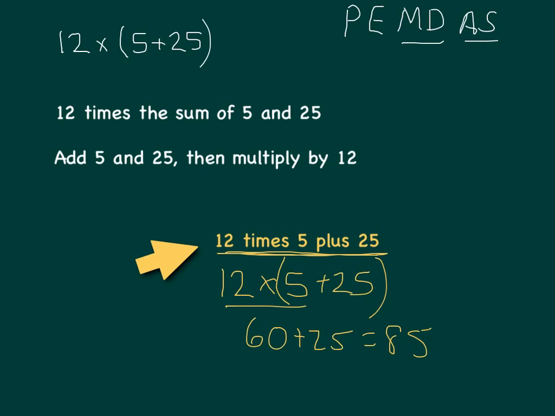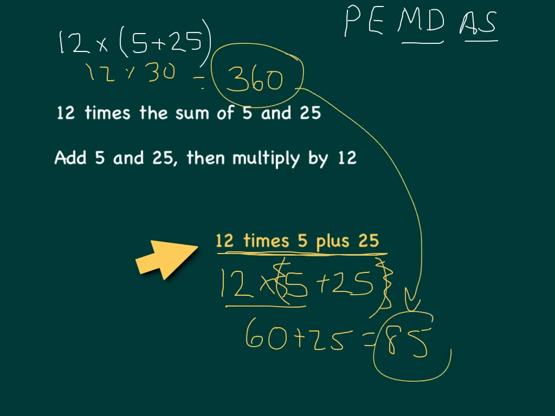And since this doesn't tell me about the parentheses, then I need to follow our order of operations. Up here I'm going to get 30 times 12, which is going to be 12 times 3 is 36 plus a 0. Entirely different answer than that.